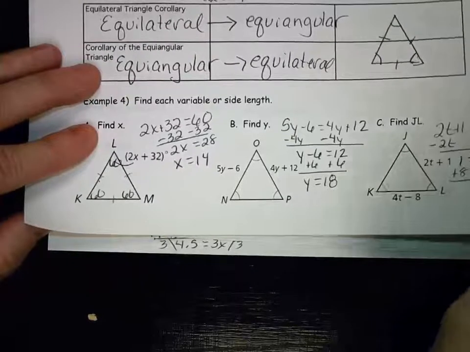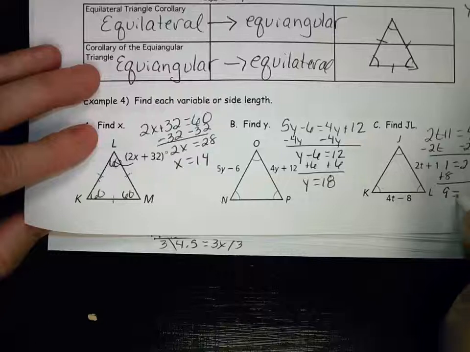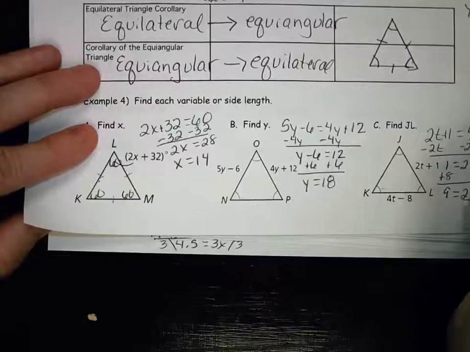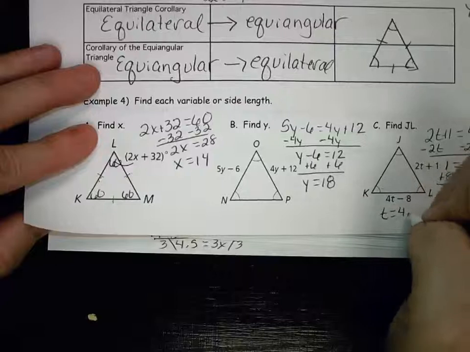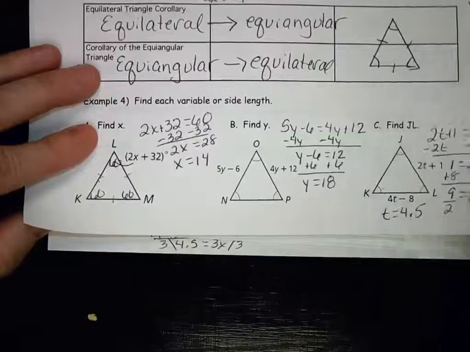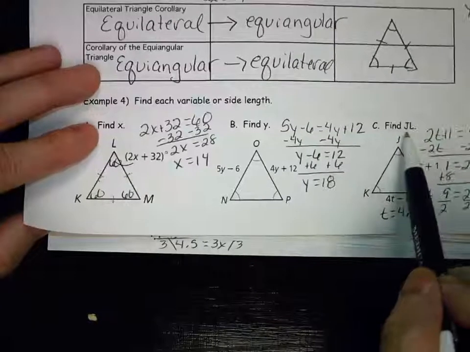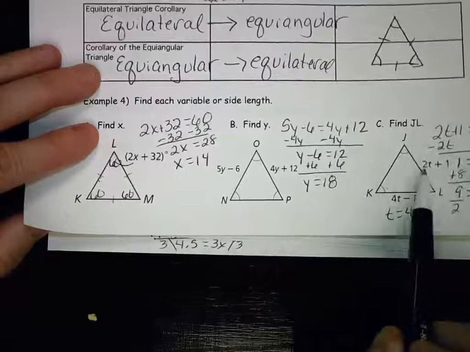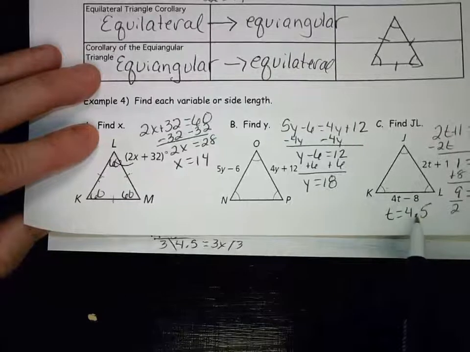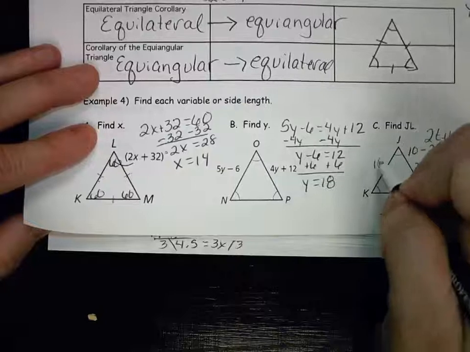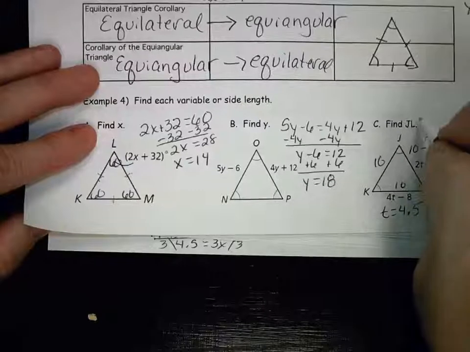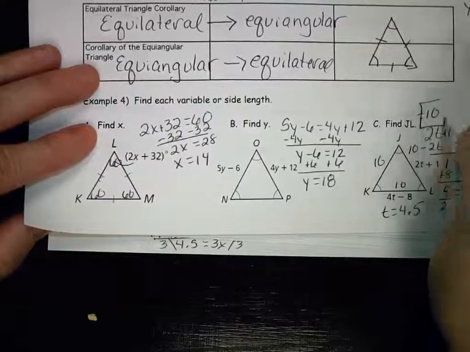Adding 8 to both sides, you have 9 equals 2t, and t equals 4.5. We were asked to find the length of JL, so 2 times 4.5 is 9, plus 1 is 10. And all three of those sides would have a length of 10.